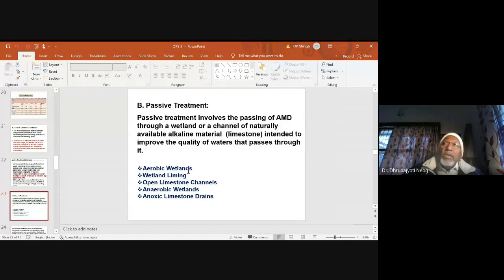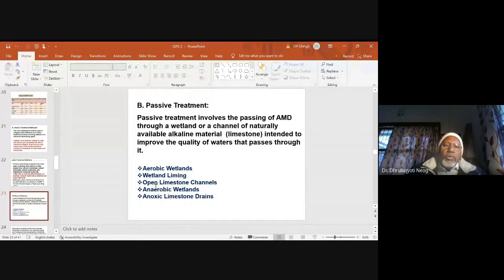Aerobic wetland: we construct wetlands, where AMD is left for a few days, and by microbial reaction and plants present there, neutralization takes place. Or wetland liming: sometimes lime is also put in the wetland so that it enhances the rate of neutralization.